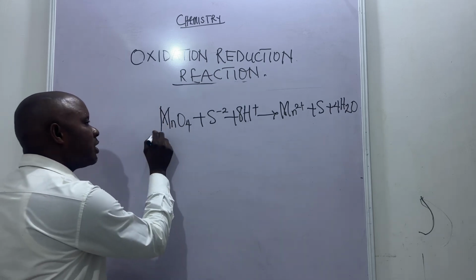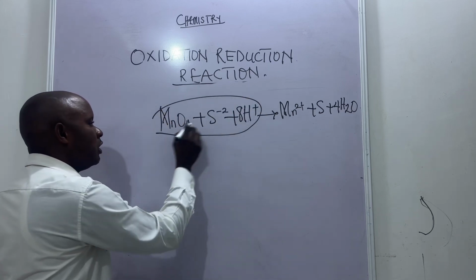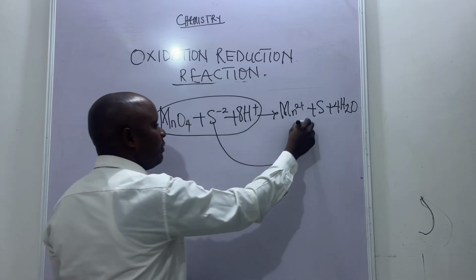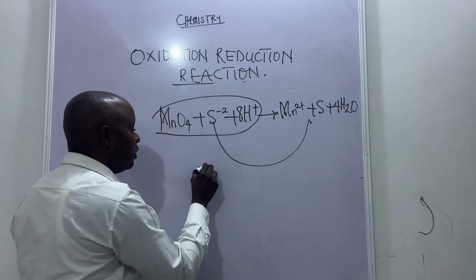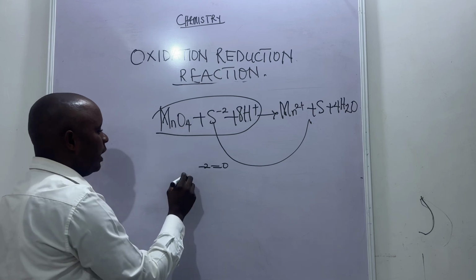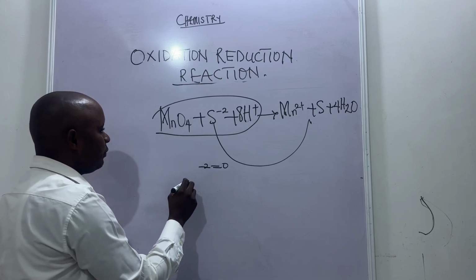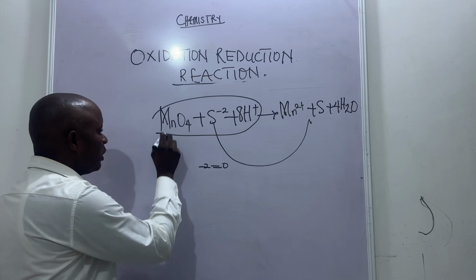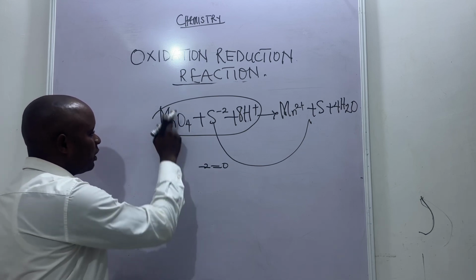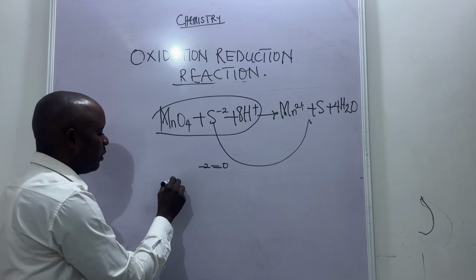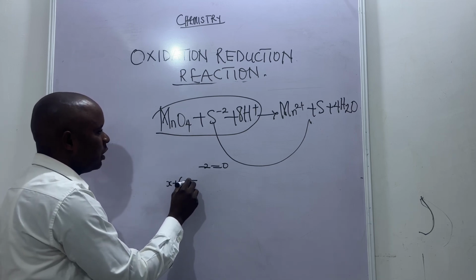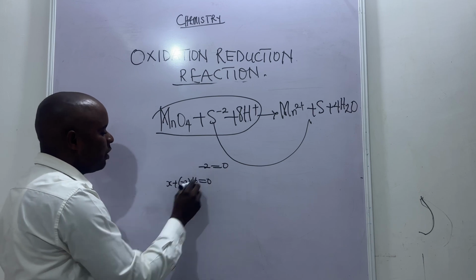So what concerns us is this aspect of this equation. We're going to compare this and this. This one moves from negative 2 to 0. Okay, the oxidation state of manganese, let's say x. I don't know the oxidation state of manganese here. So x plus the oxidation state of oxygen, negative 2, occurring 4 times, equals 0.